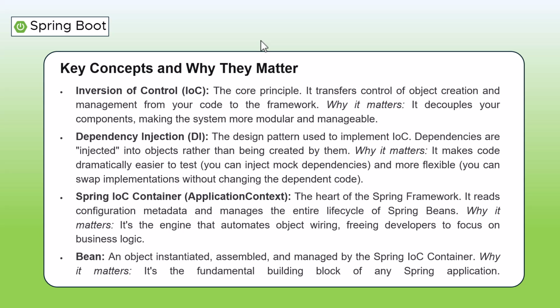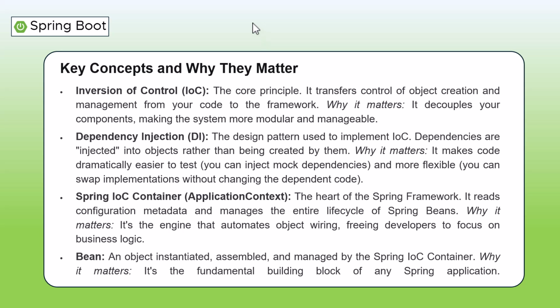So, how does the container give the components what they need? This mechanism is called dependency injection, or DI. It's the practical application of the IOC principle. Instead of your business logic object creating a database object, you simply declare that it needs a database object. The Spring container sees this declaration and injects, or provides, a ready-to-use database object when it creates your business logic object.